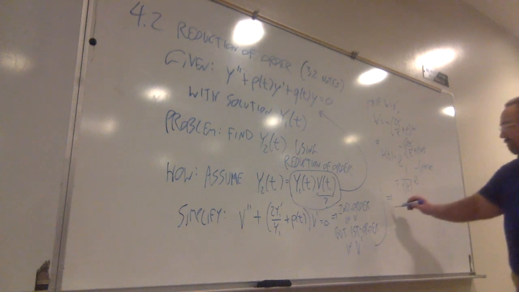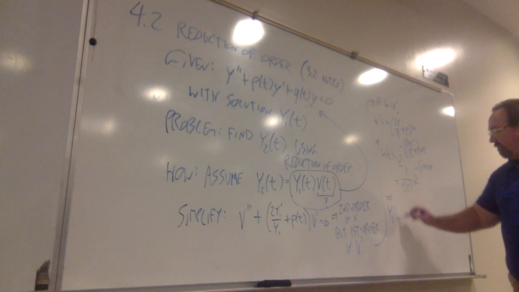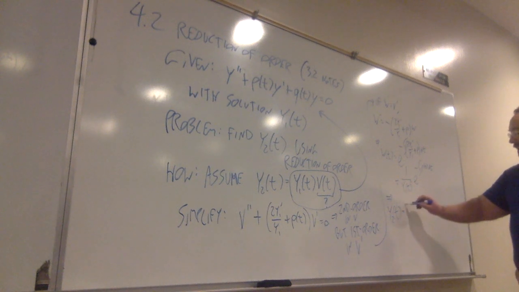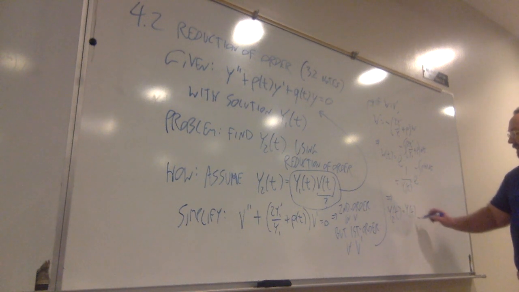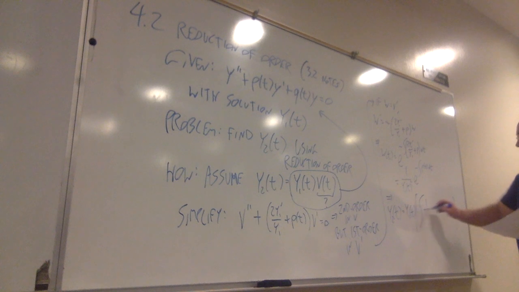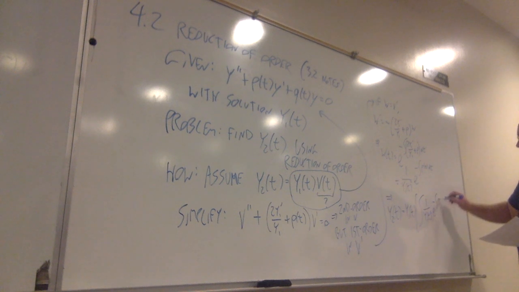So I'll just write down your solution formula. y2 of t, so in other words, this is your final answer. It's y1 of t times the integral of (1 over y1 of t squared) e to the minus integral of p dt.